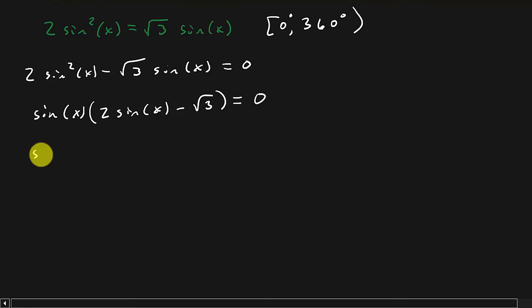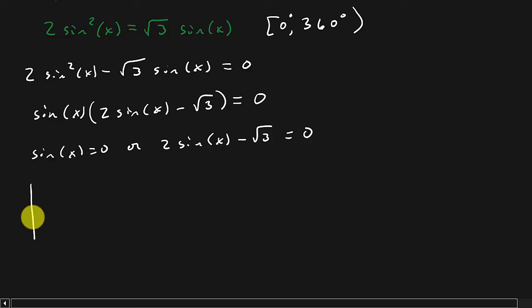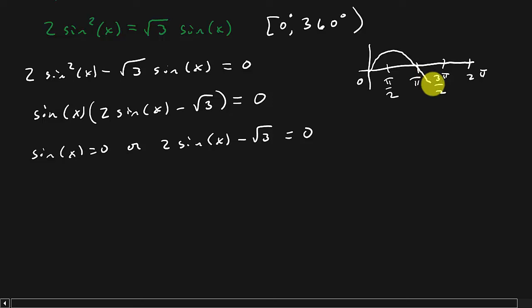And we set each one equal to 0. So sine x equals 0, or 2 sine x minus square root of 3 equals 0. So for here, sine x, well, when does that equal 0? If you just look at the basic graph of sine between 0 and 2 pi, it looks like this, doesn't it?